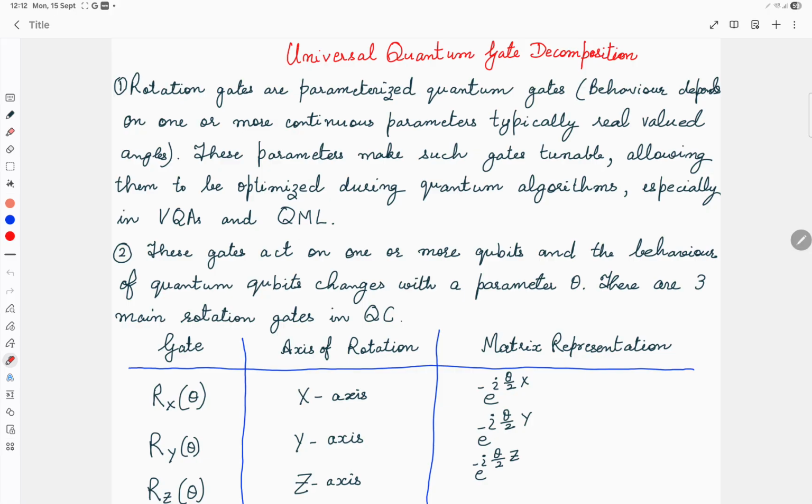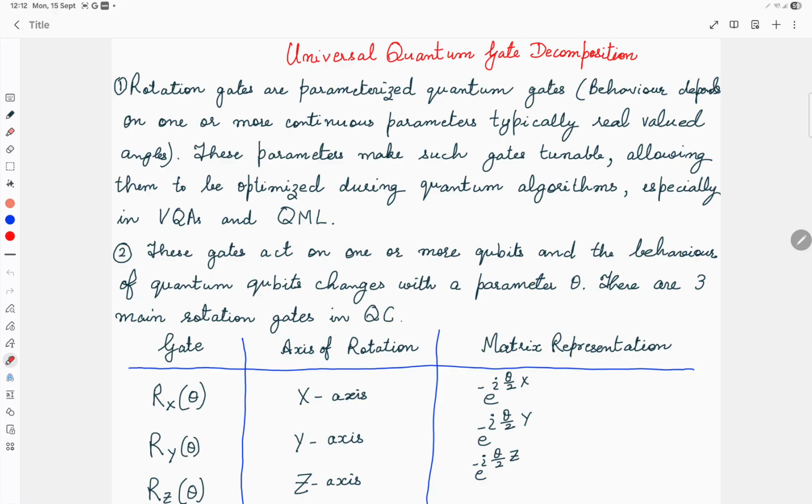Now these gates act on one or more qubits and their behavior changes with the parameter theta. Theta is the angle with which the rotation is asked for.